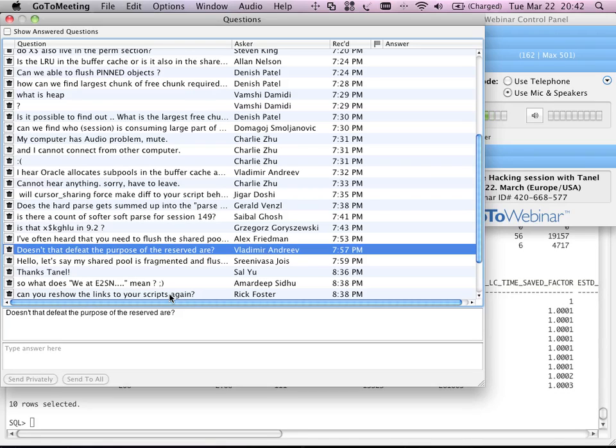But if the allocation is bigger than this parameter specified, this minimum allocation size, then it will try to go to the reserved area if it doesn't find what it wants from the main shared pool.